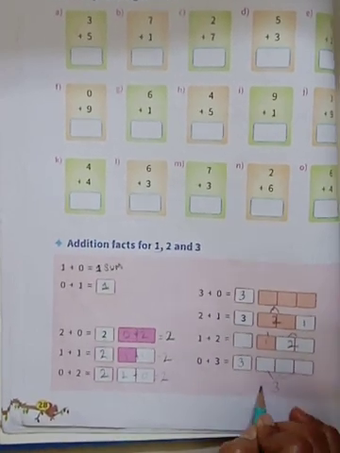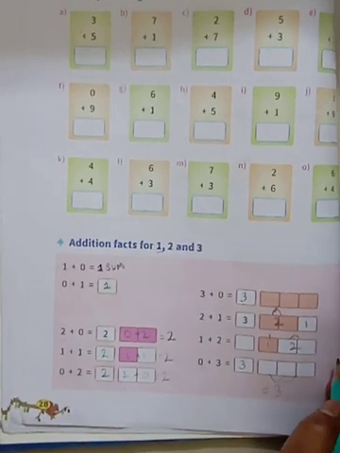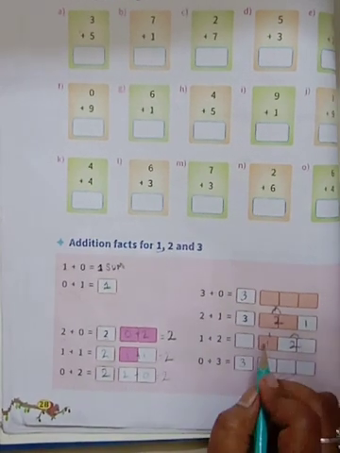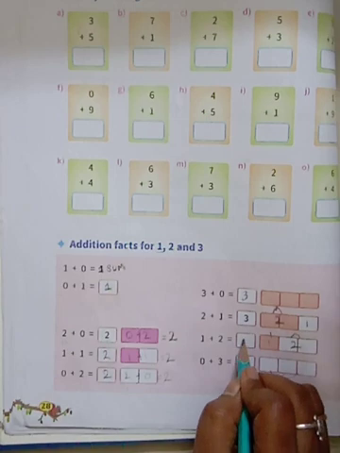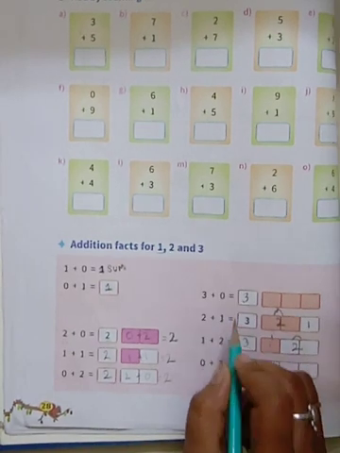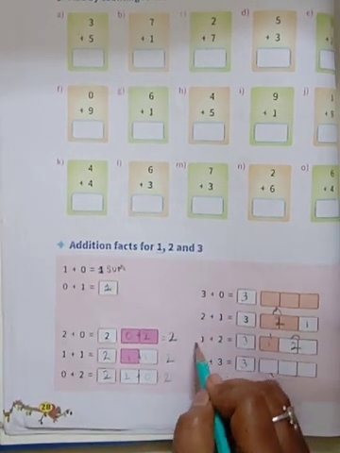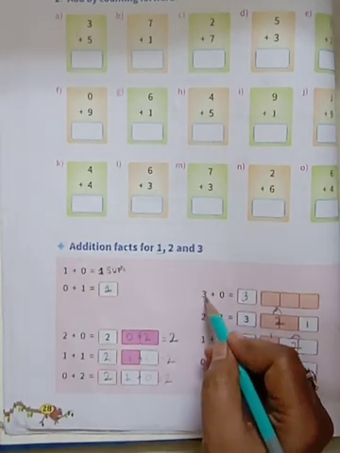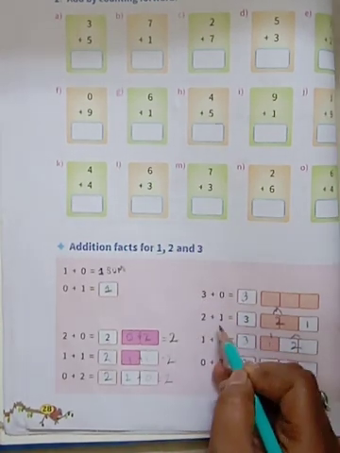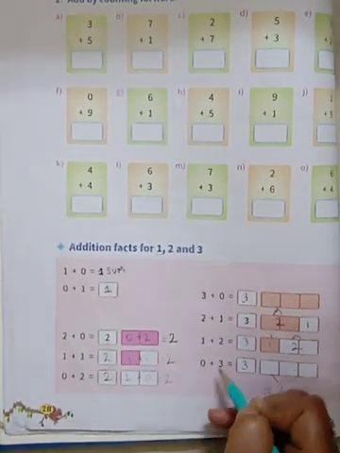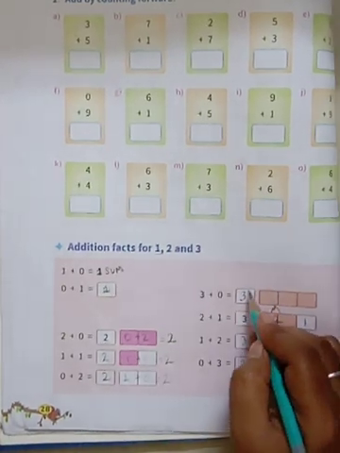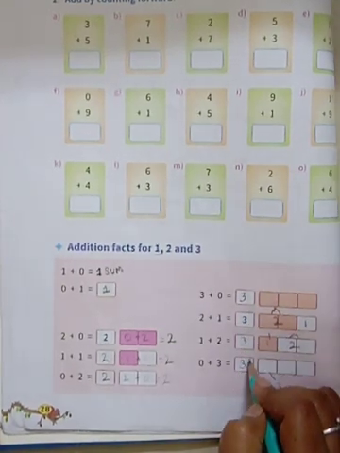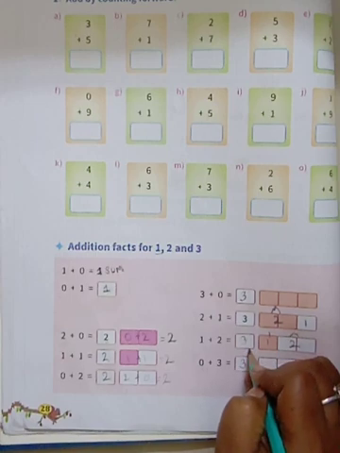So the sum will be 3. Example: 1 plus 2 is 3. So these are the different ways where the place values are placed differently, but you can see the answer has come the same.